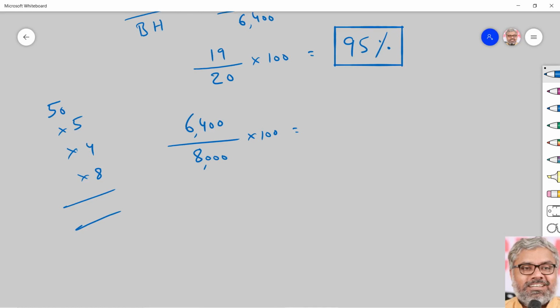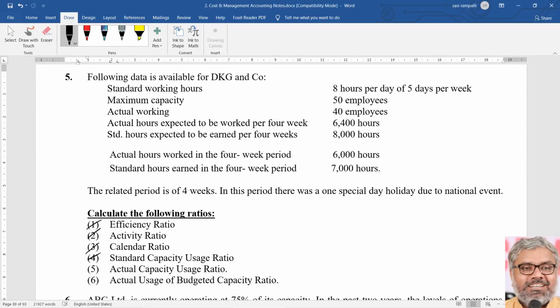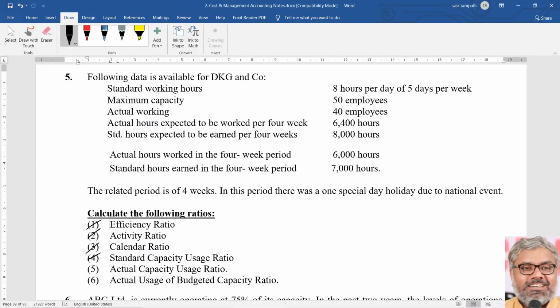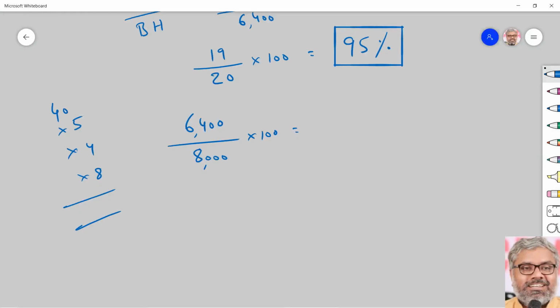That is the maximum available hours. And budgeted hours are given already. That is 6,400 hours, the actual hours expected to be worked for the 4-week period. And that can also be calculated: instead of 50, if you take 40, because that is the number of people who are actually working, and multiply.